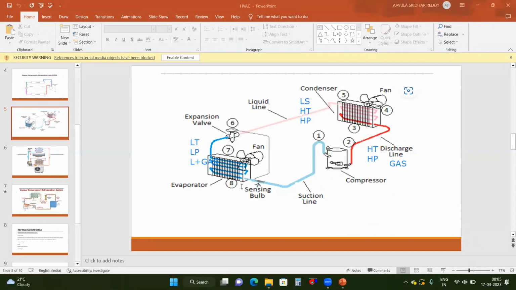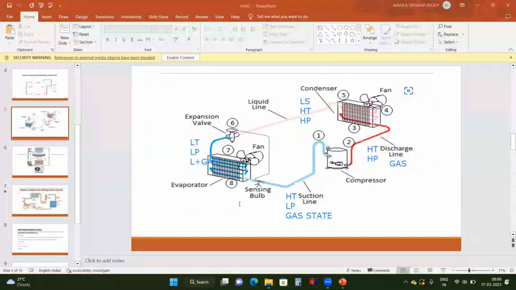After this, we call this line the suction line. After entering the compressor, the state should be such that the temperature will be high. Okay, low pressure will be there, and also the state will be gaseous. After the evaporator, 100% will be converted into gaseous state.